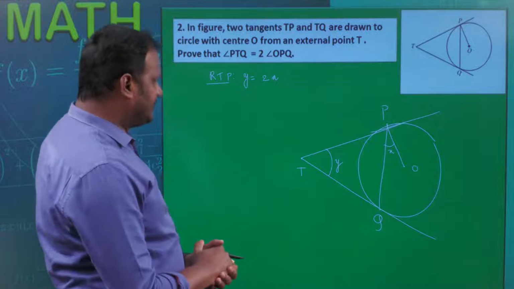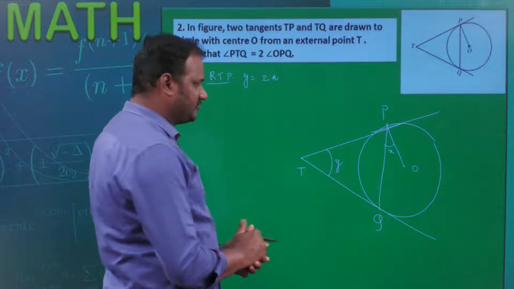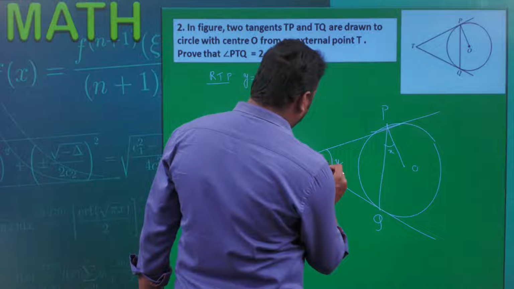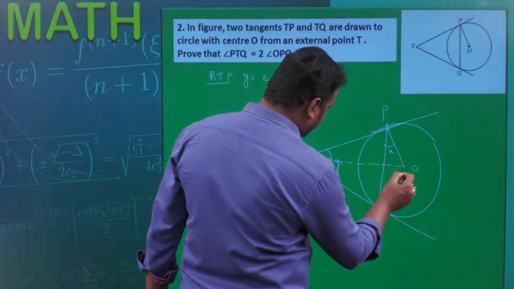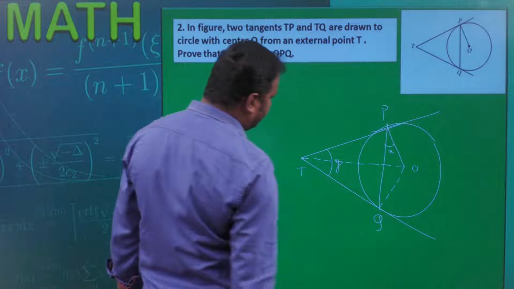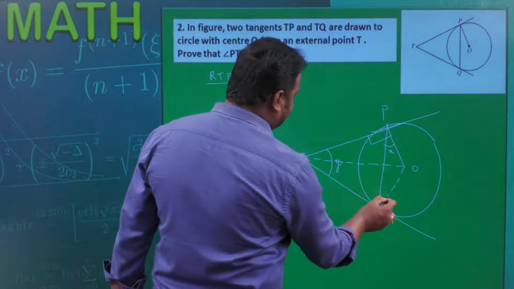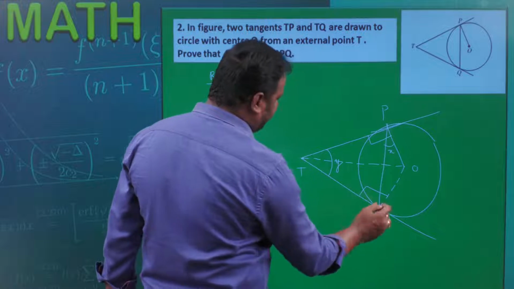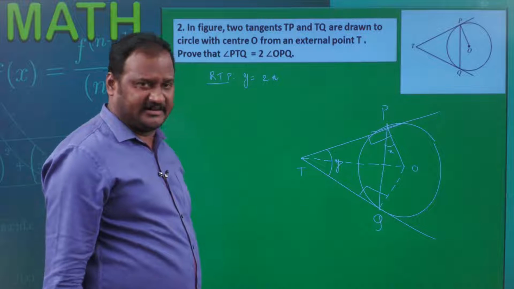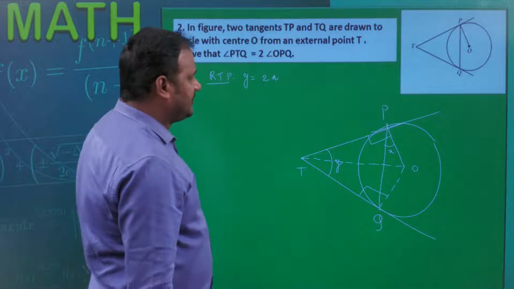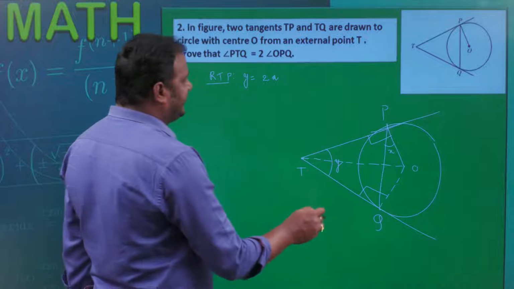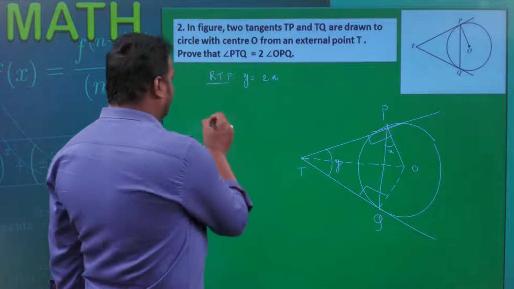In order to prove this Y is equal to 2X, again I would like to do one thing: I will have to join these two and join these two. Again by RHS congruence, because this is a right angle, this is a right angle, radius is perpendicular to the tangent through the point of contact, so triangle OPT and triangle OQT are congruent.